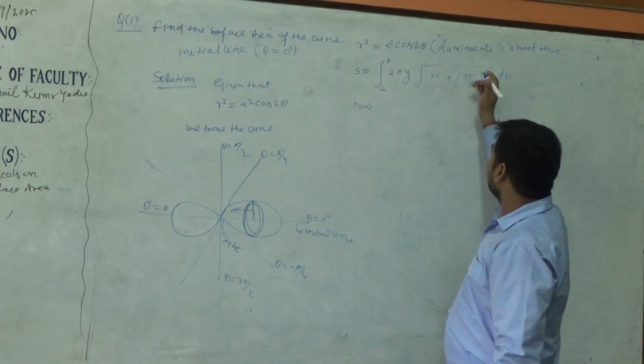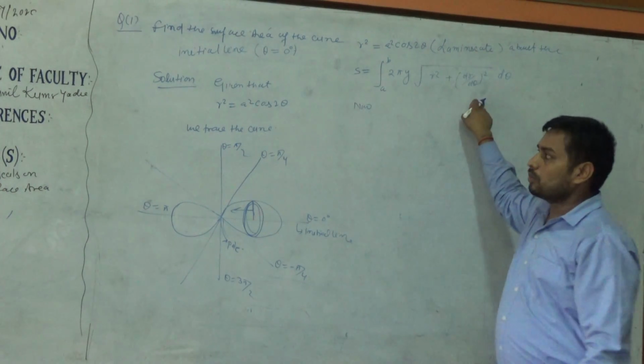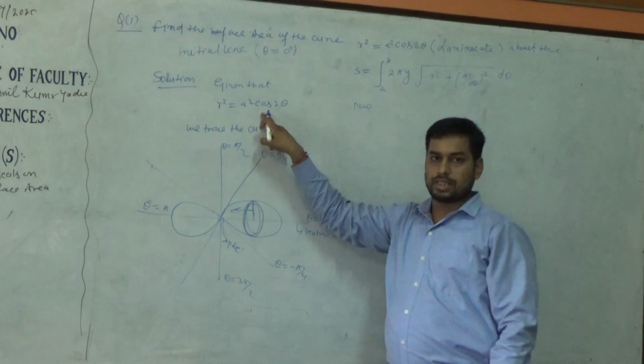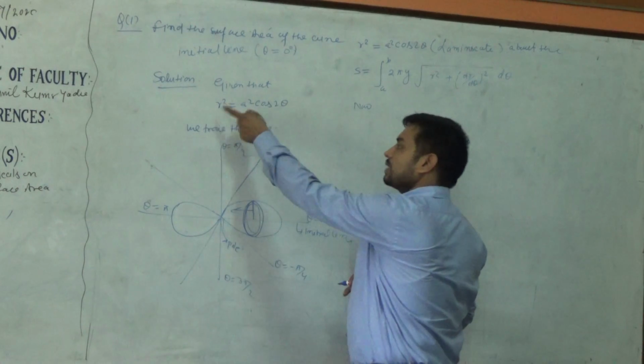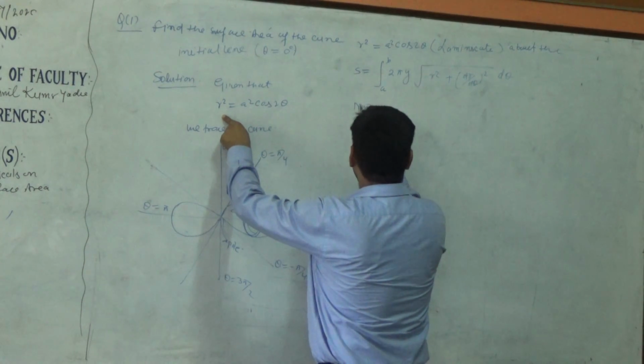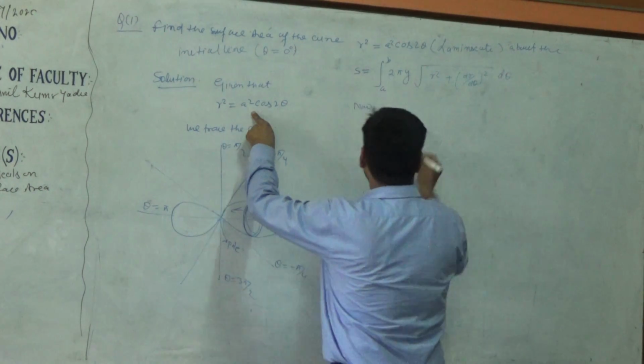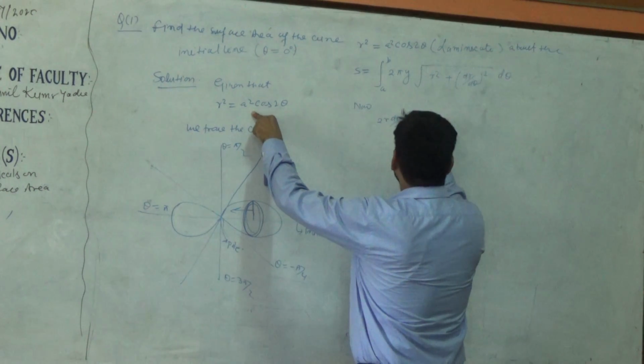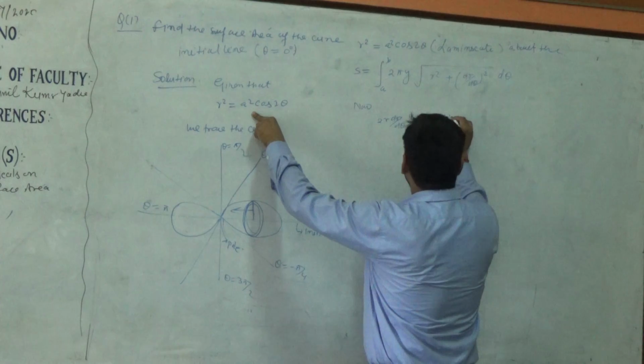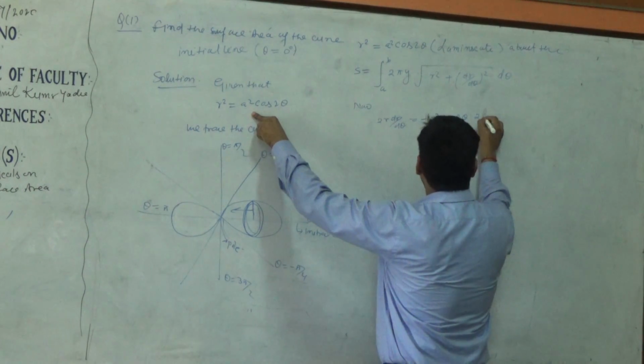First we calculate the value of dr upon d theta using this equation. We differentiate with respect to theta: 2r dr upon d theta equal to minus a square sin 2 theta into 2.